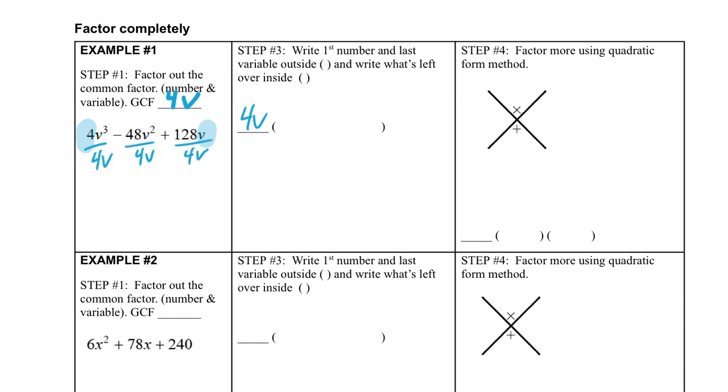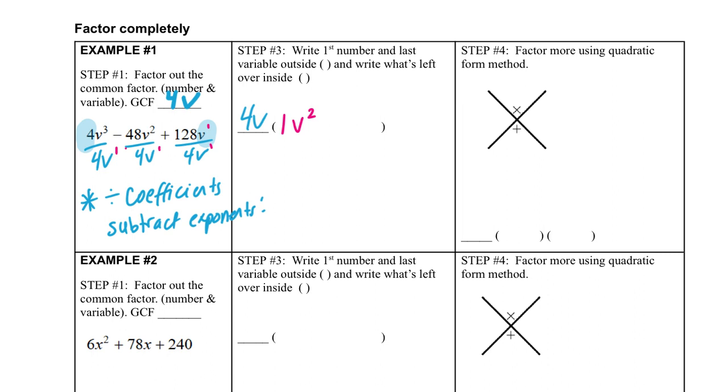So the tricky part here is remembering that you are going to divide your coefficients, and you're going to subtract your exponents. So that would look like there are ones here. So 4 divided by 4 is 1, and 3 minus 1 is 2.